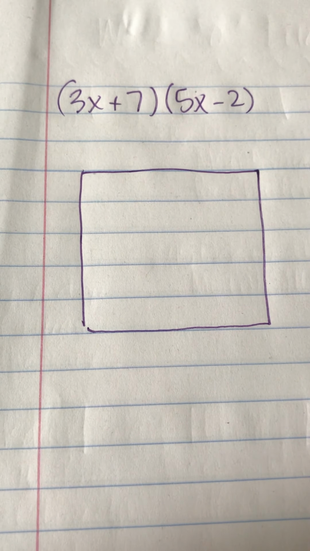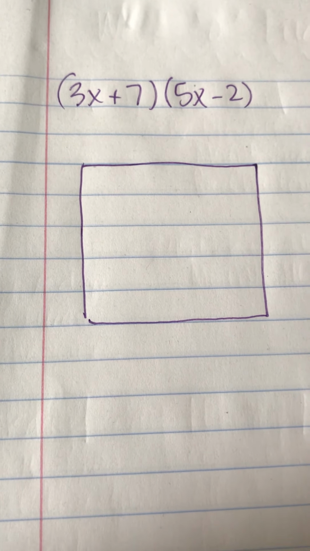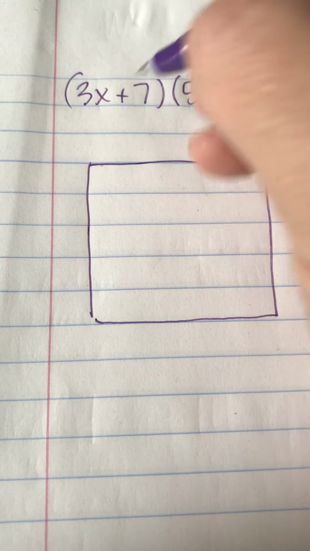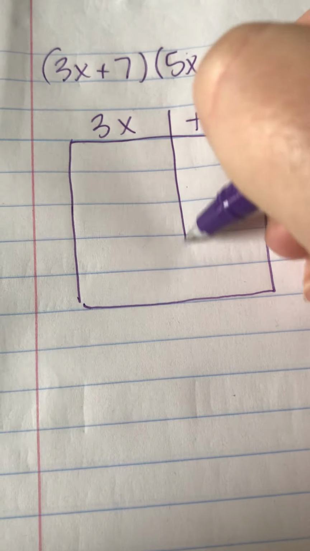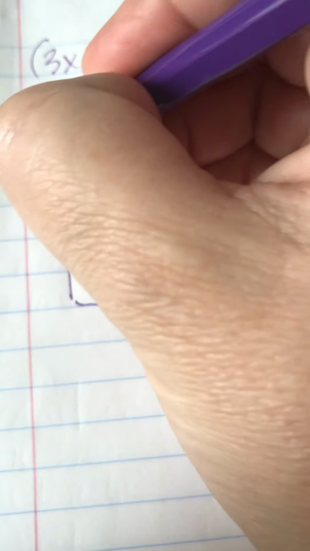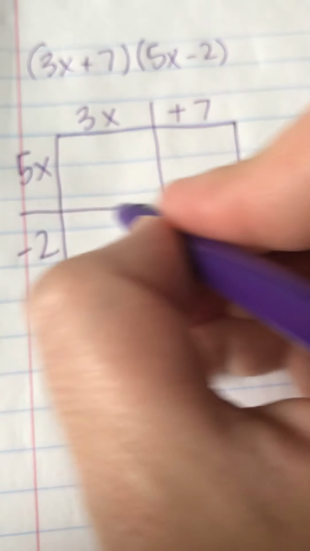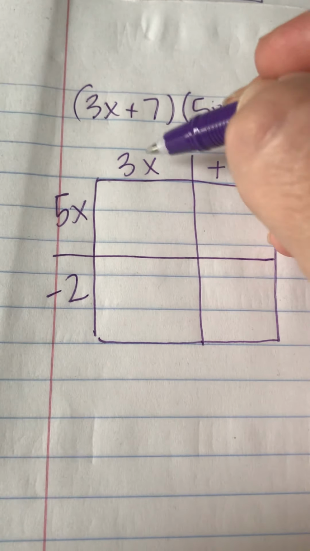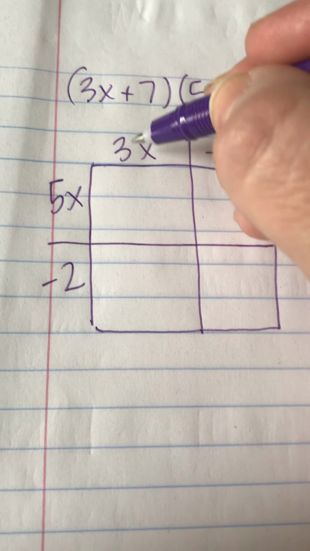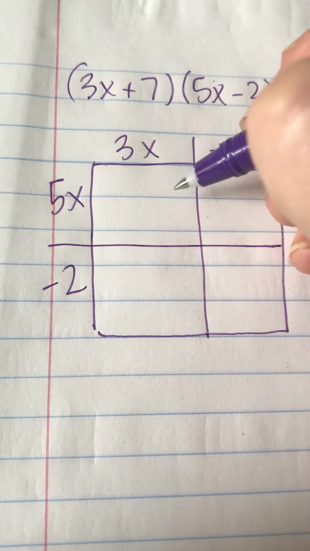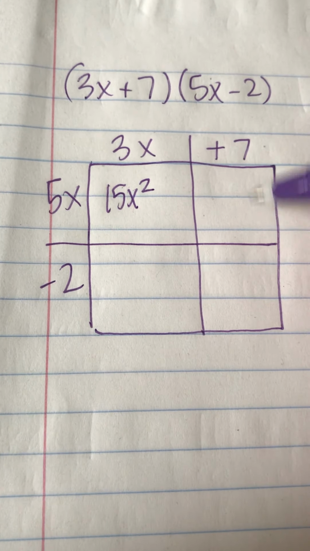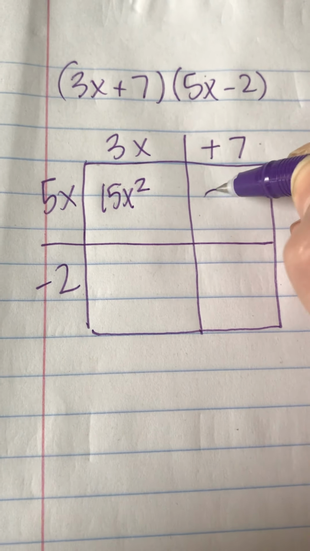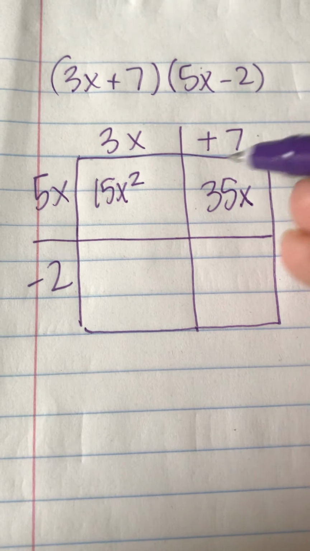Now, the box method is kind of an area model of multiplication. So if I put 3x plus 7 on one side, and then 5x minus 2 on the other side, I multiply them together. So when I'm multiplying this side times this side, this gives me 15x squared. This times this gives me 35x.